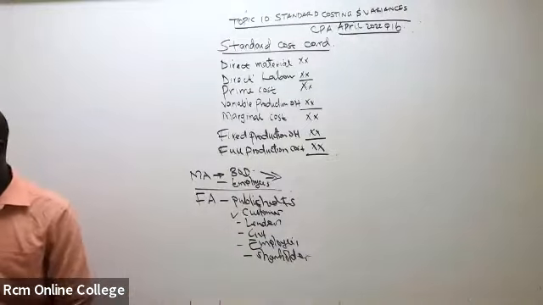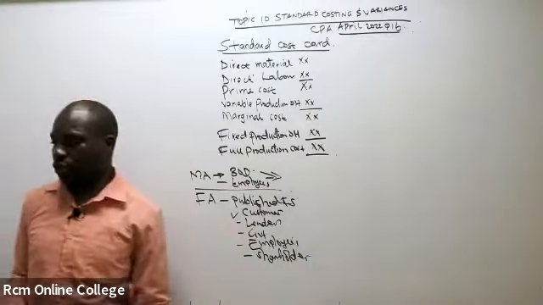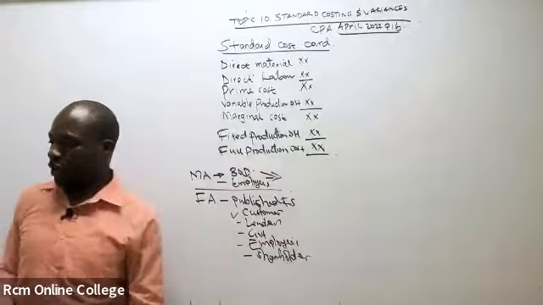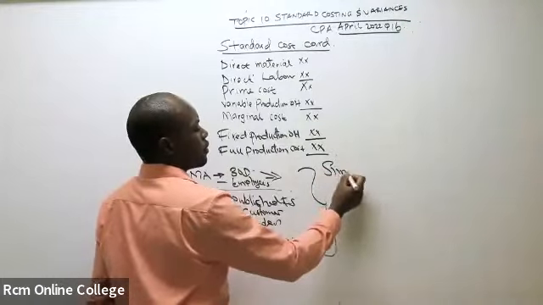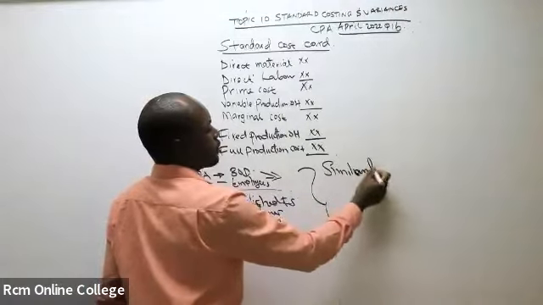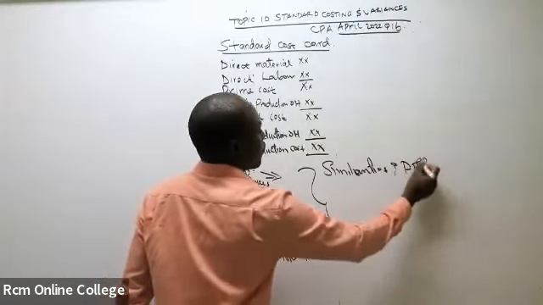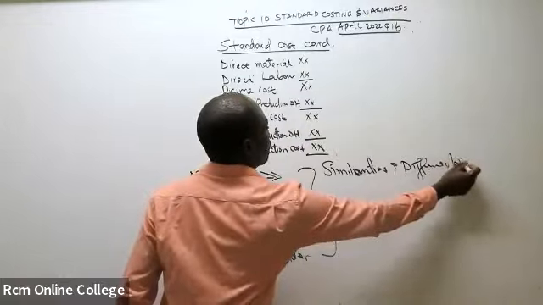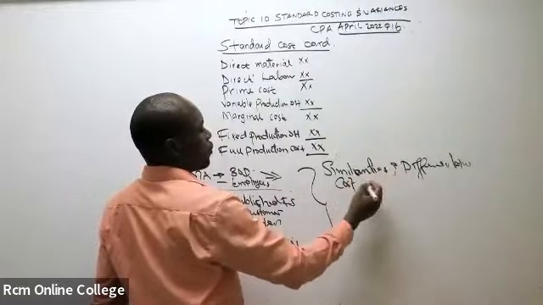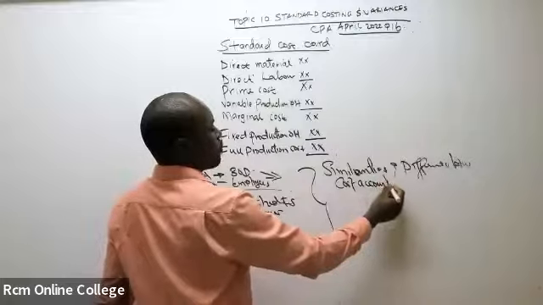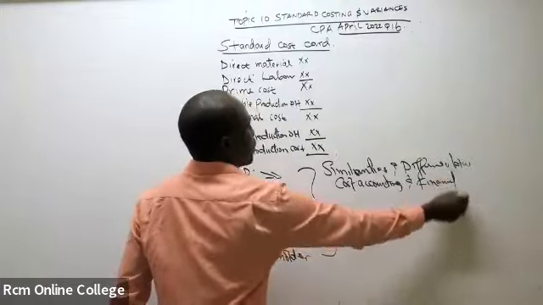Use GAAP, generally accepted accounting principles. That will be used when you get to the differences. Remember, not both of them use that. So in short, I'm telling you to please go to your notes under topic 1 and look at the similarities and differences between cost accounting, which is a branch of management accounting, and financial accounting.